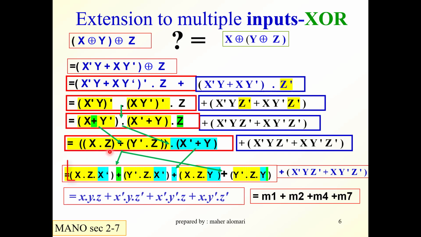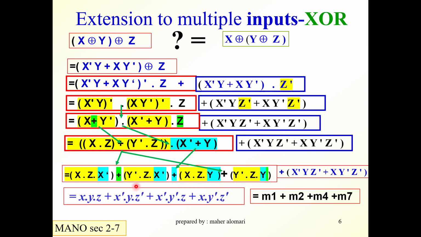So this is X bar Z X bar, or Y bar Z ANDed with X bar, or Y ANDed with X and Z, or Y ANDed with Y bar and Z.